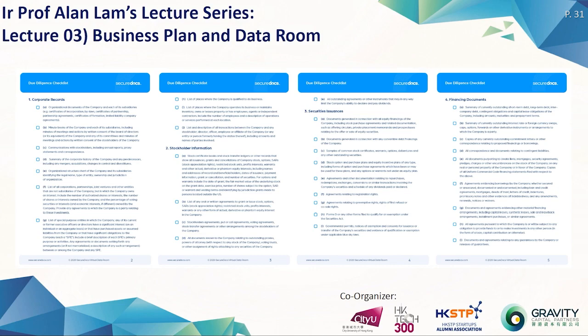So this is only a checklist, okay? If you have the information, you can include it. If not, then you can just forget it, okay? It's not a must. Different companies have different kinds of situations. But I like this reference because it includes most of the information that we need, okay?